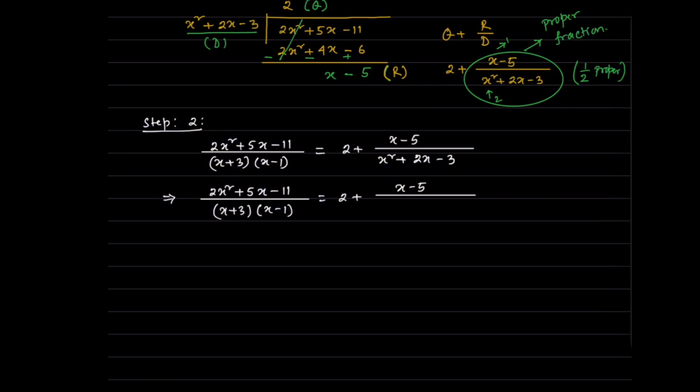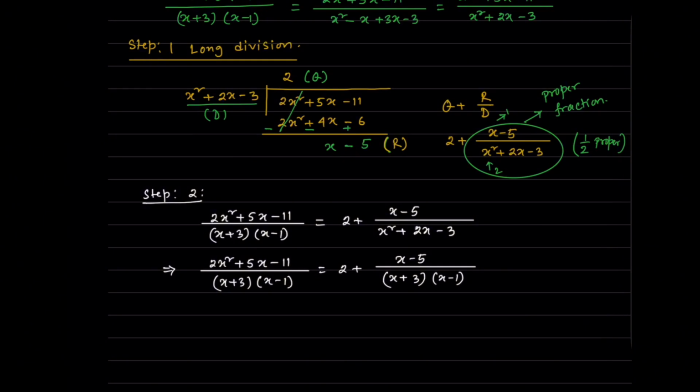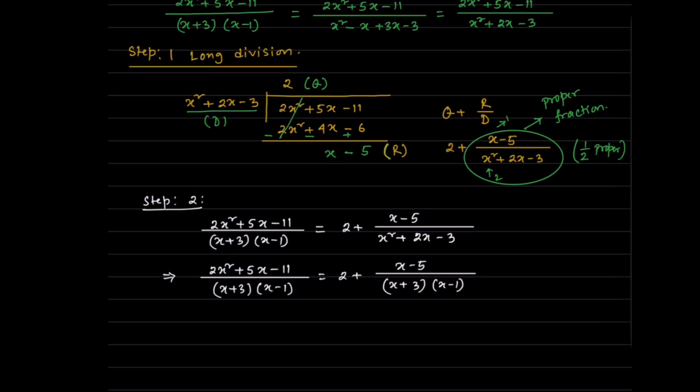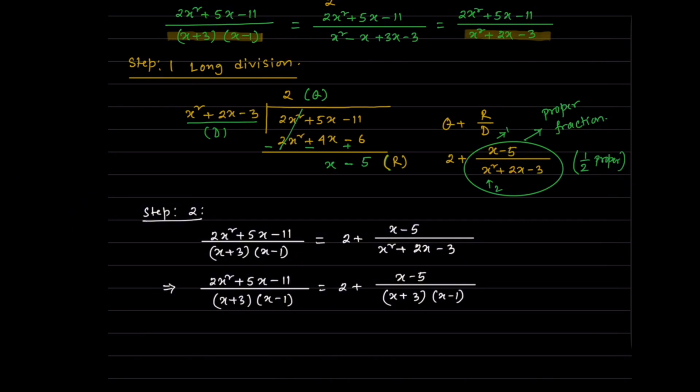And here again we can write this lower part, x square plus 2x minus 3, as x plus 3 and x minus 1, right? Because that x plus 3 and x minus 1 we had changed to x square plus 2x minus 3. So we can change it back to the factor part, x plus 3 into x minus 1.